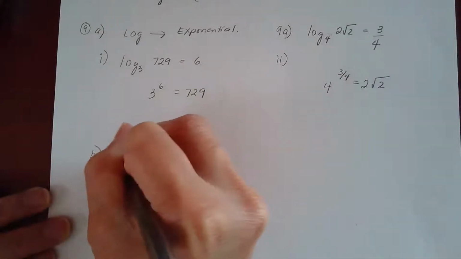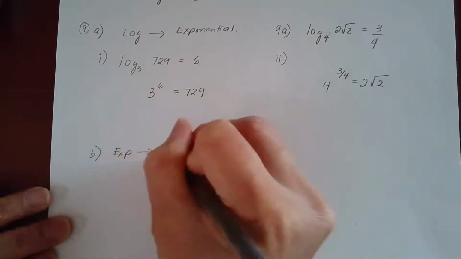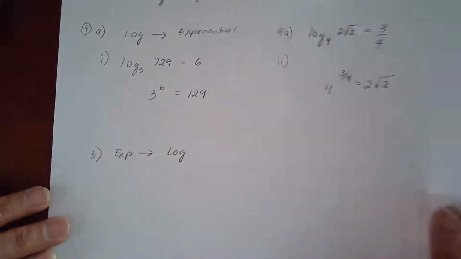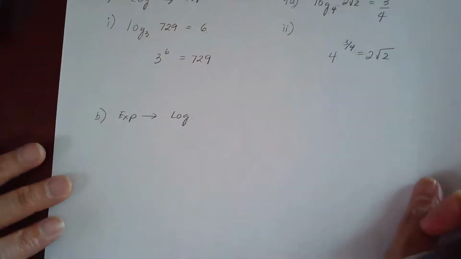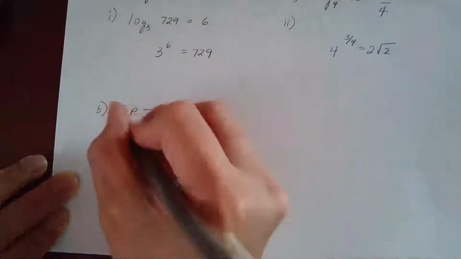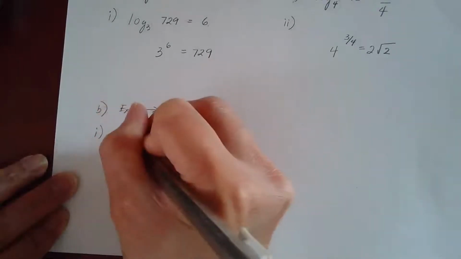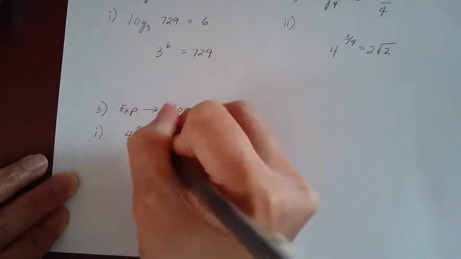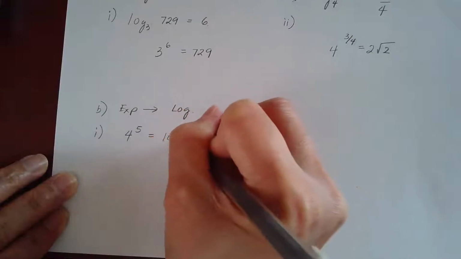We're going to go the other way, from exponential form to log form. So how do we do that? Here's one: 4 to the 5th equals 1024.